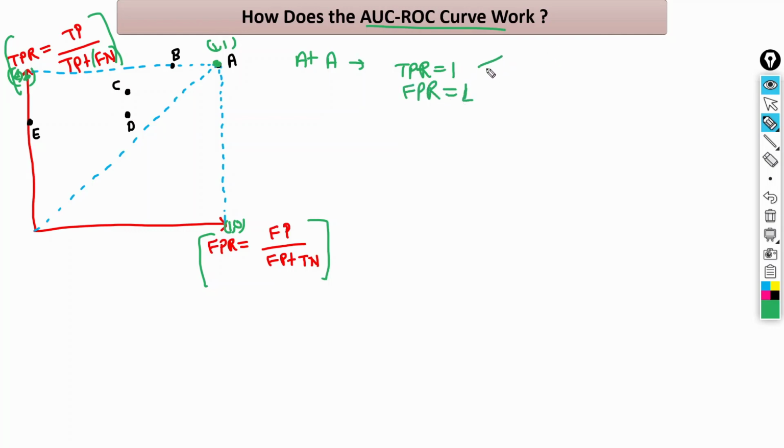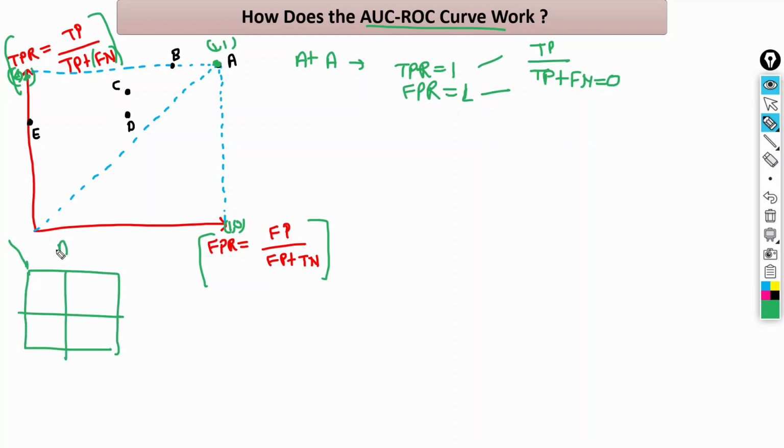How can we get this particular one? TP divided by TP plus FN, the value will be 1 when FN is equal to 0, right? If you see here, this is the actual value, this is the predicted value, positive, negative, true positive, false positive, true negative, false negative.